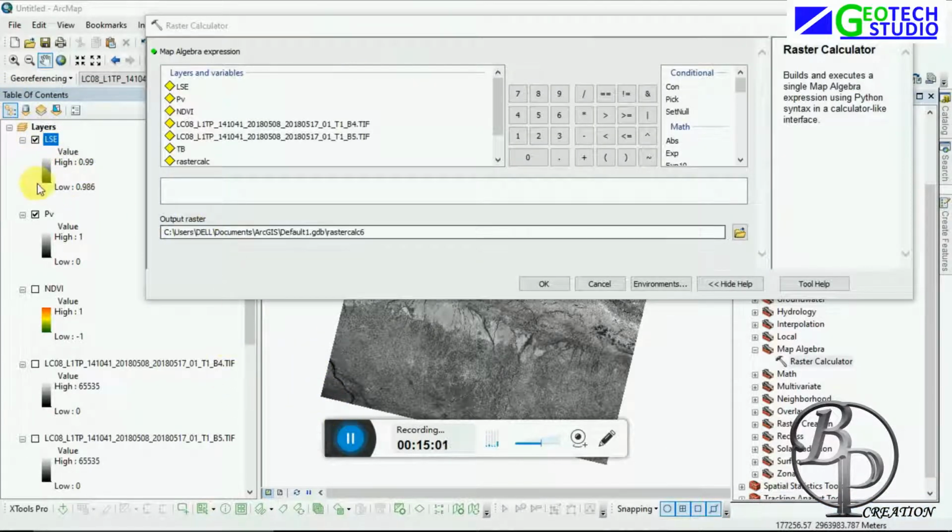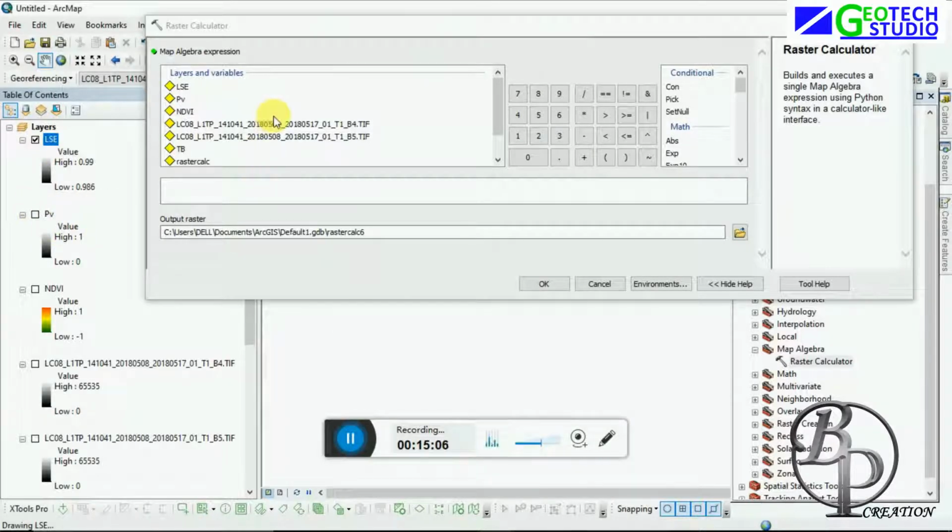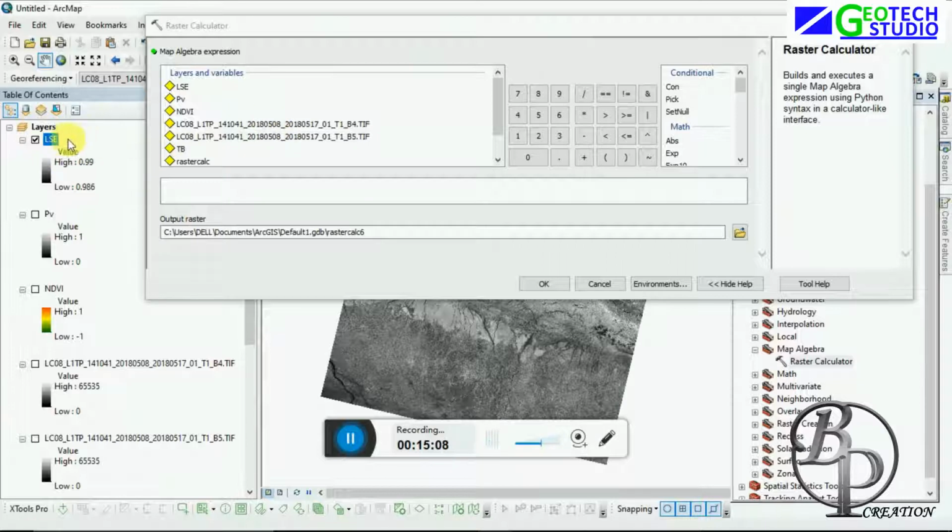After this we are one step away from the land surface temperature mapping. For that we have to get familiar with its formula before calculating it.